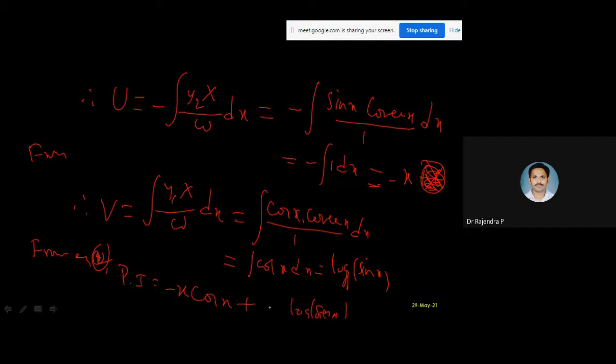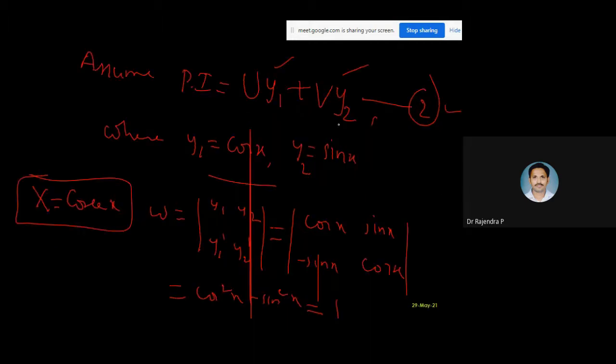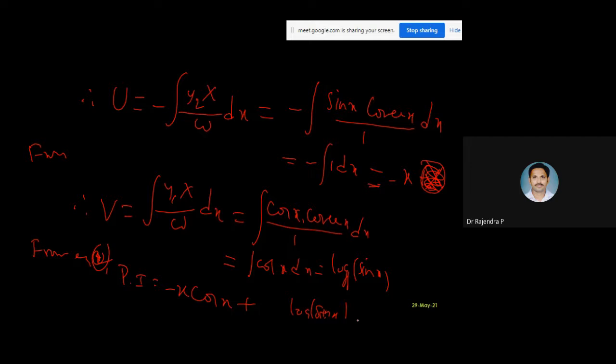Actually, I have to write v y2 first. What is y2? Sin x. So I write sin x here, otherwise it may cause confusion: sin x into log of sin x. It is also just v y2. Other things are the same.